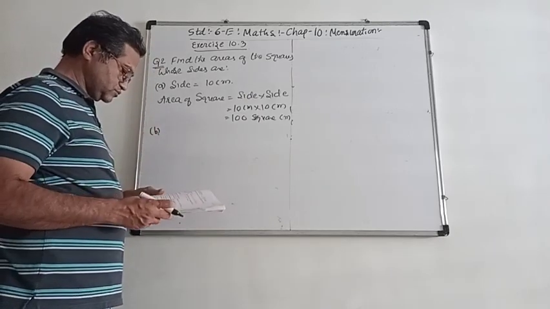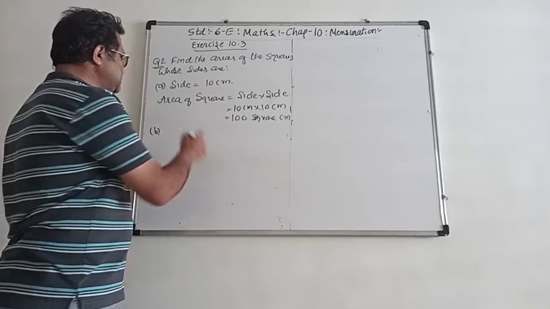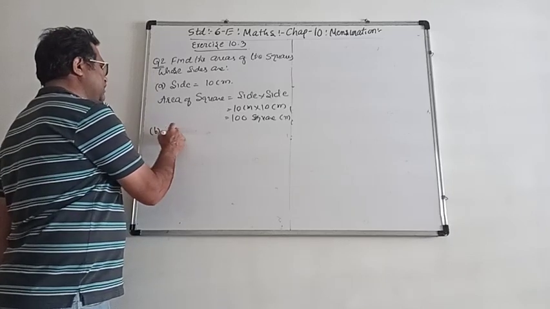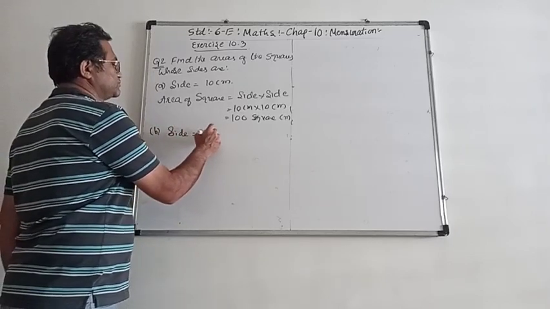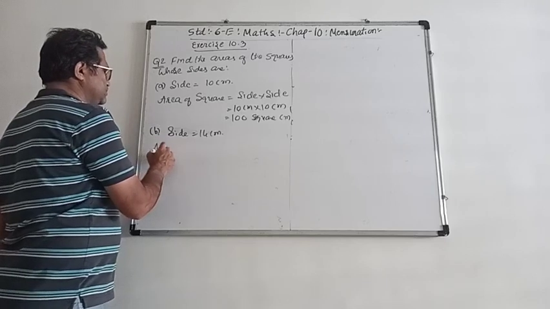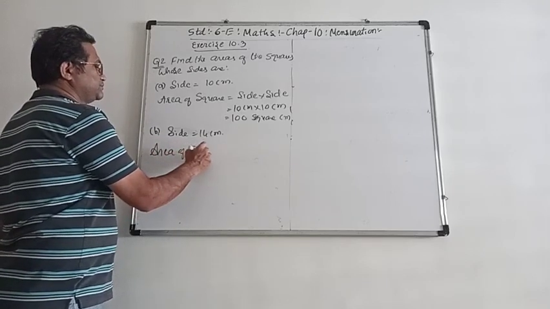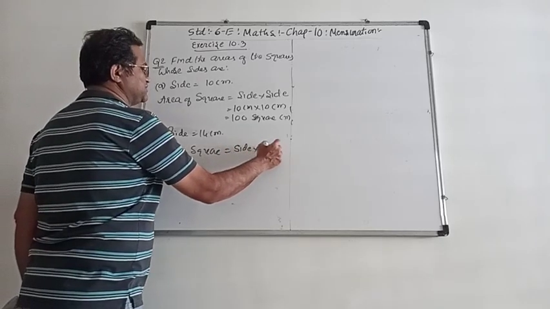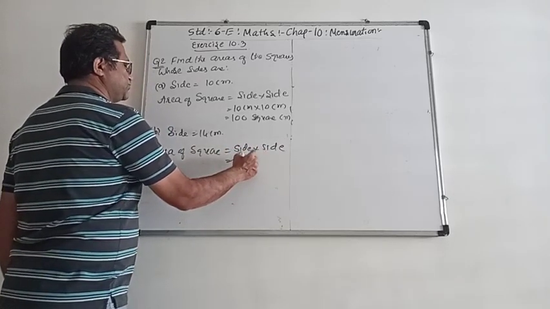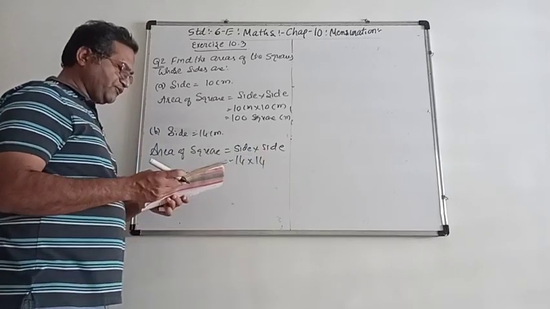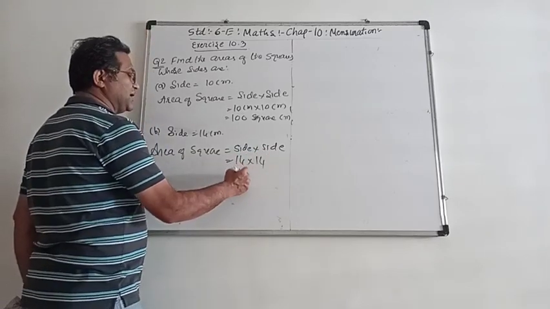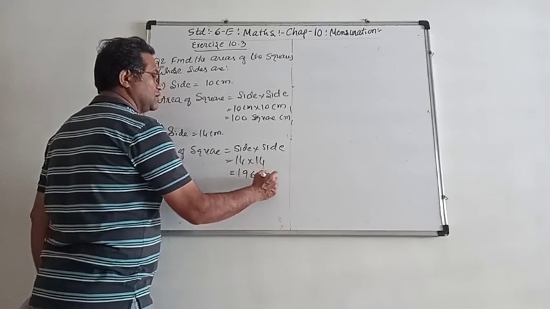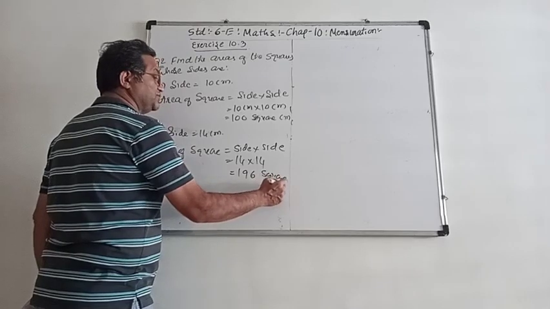B. 14 centimeter. So side is equal to 14 centimeter. So now area of square is equal to side multiplied by side, that is 14 multiplied by 14 is 196 centimeter square or square centimeter.